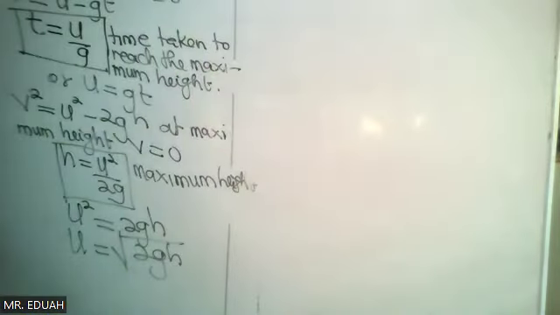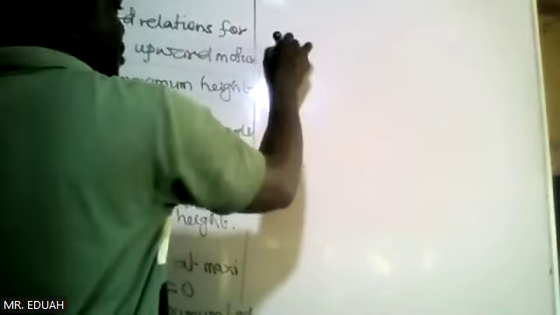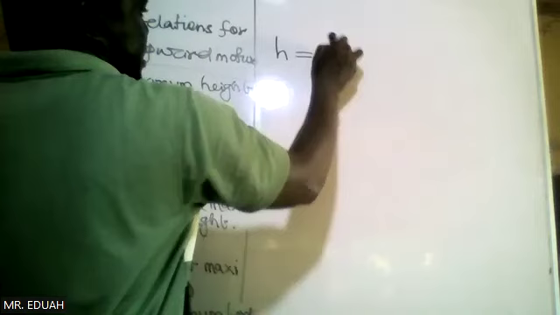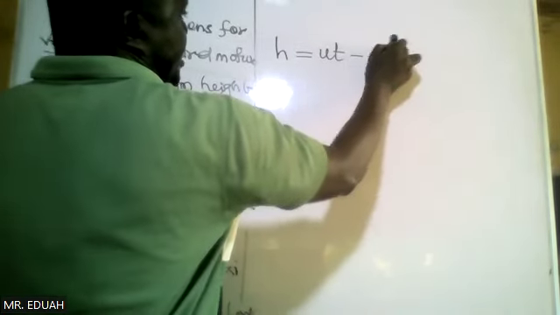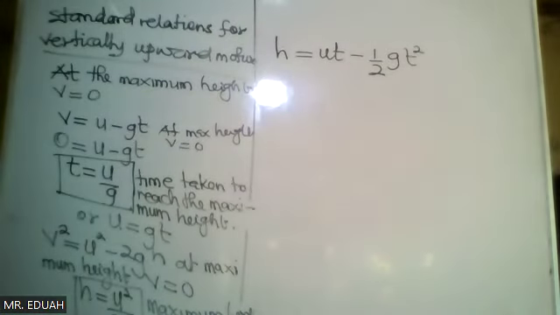You see the other equation, which is h is equal to ut minus half gt squared, the other equation of vertically upward motion.